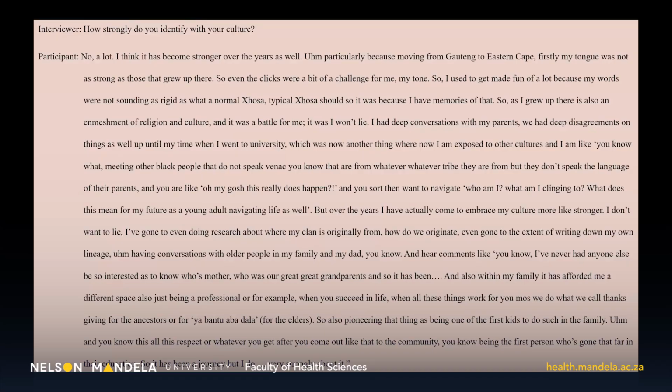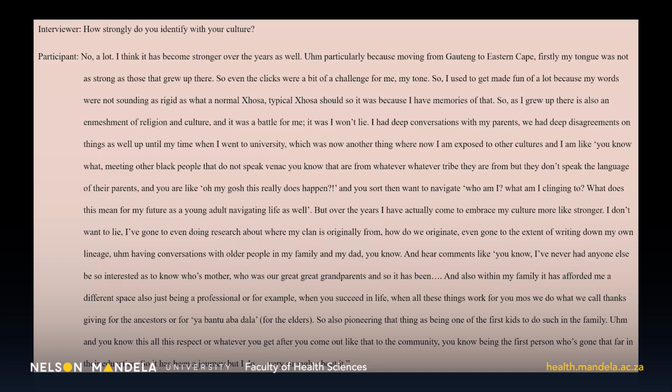Okay, I put this in because I thought it might be interesting for you to just see what a piece of data looks like. This is from an interview that my student did with this group. I'm just going to read a portion of it. "How strongly do you identify with your culture? I think it's become stronger over the years, particularly because of moving from Gauteng to Eastern Cape. Firstly, my tongue was not as strong as those that grew up there.